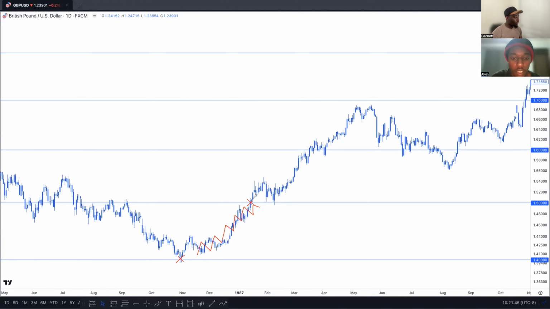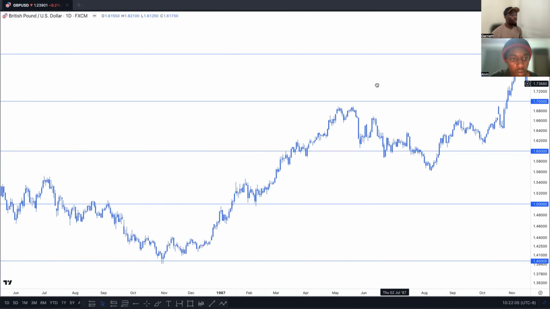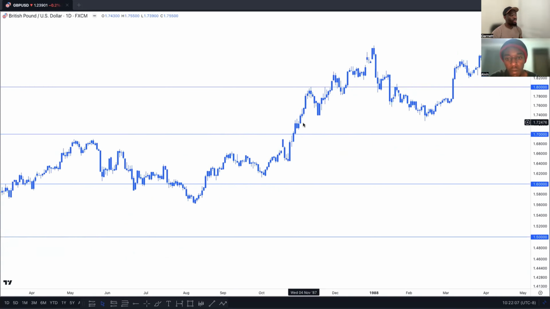When you look at this one right here, I'm not comfortable saying this price has given me the structure I'm looking for. If you look a little bit further, like around here, all you see is an impulse and you see price pulling back. And you just see price taking off.